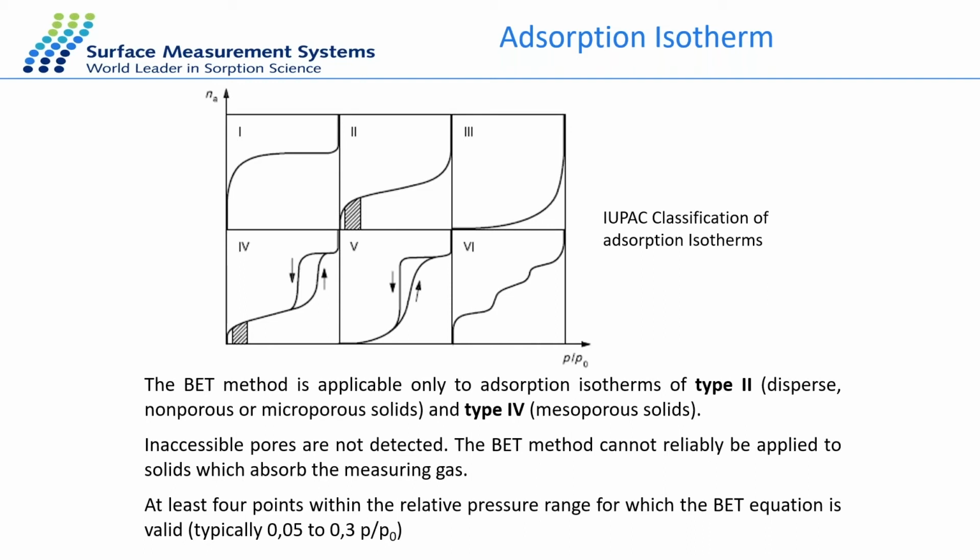During the analysis, at least 4 points within the relative pressure range for the BET equation are required. The BET relative pressure range is from 0.05 to 0.3 or 0.35, and within this range you need a minimum of 4 points to fit the BET equation and get the specific surface area.